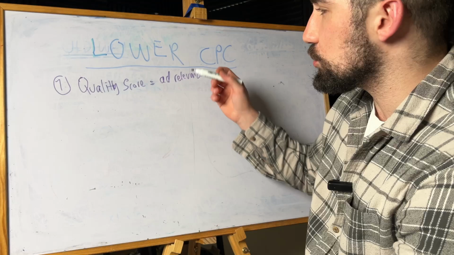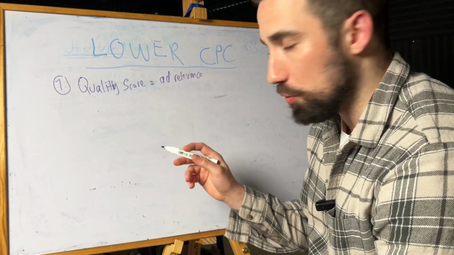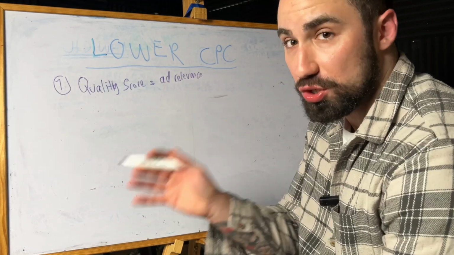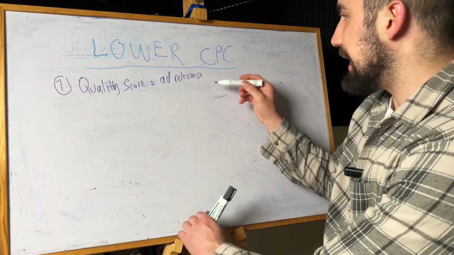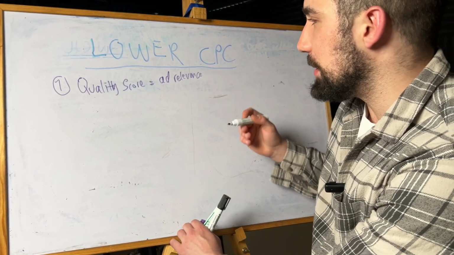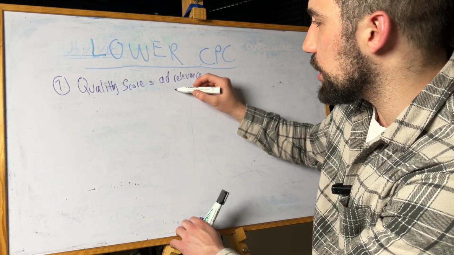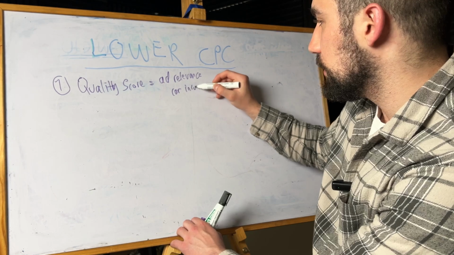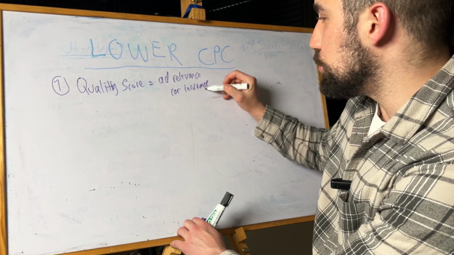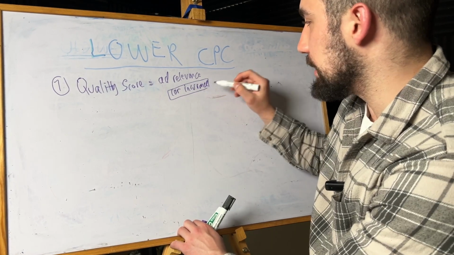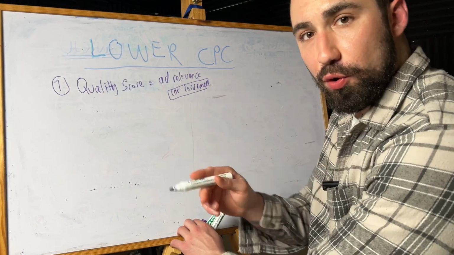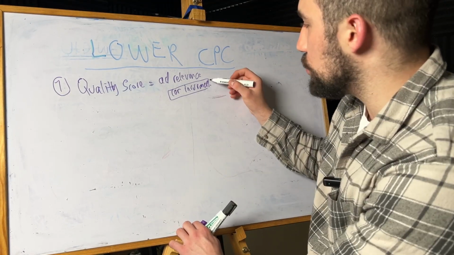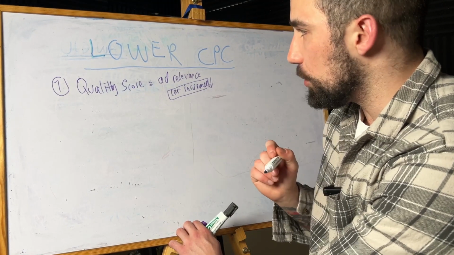If your quality score is low, this is really important, like Google search ads 101. If your ad relevance is low, what do I mean by this? Let's say you're bidding on the keyword car insurance, and you don't have that word on your landing page or in one of your headlines. Your quality score will be lower than your competitors'.